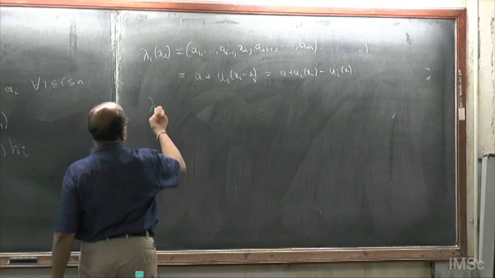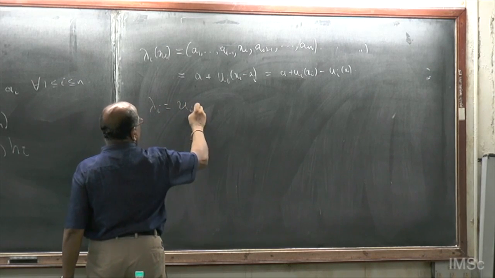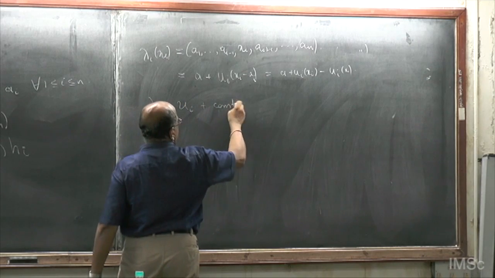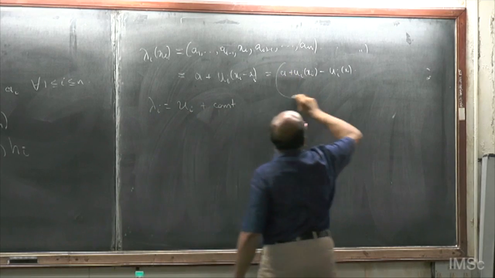So, what is lambda I? This is just ui plus a constant.